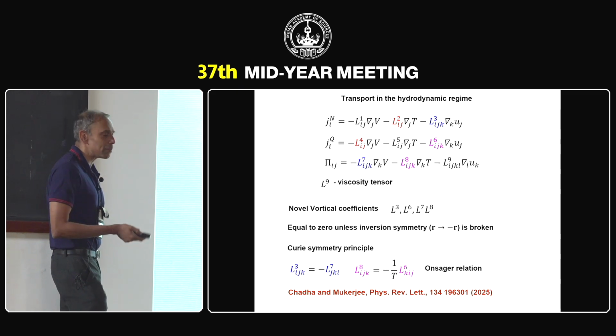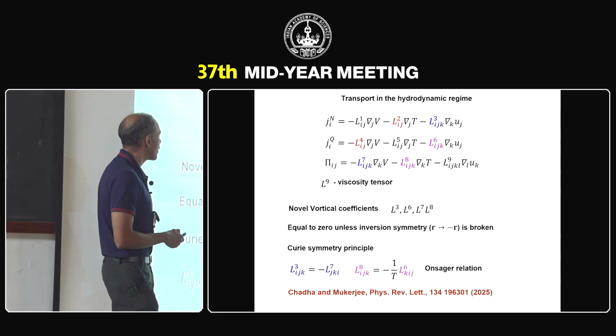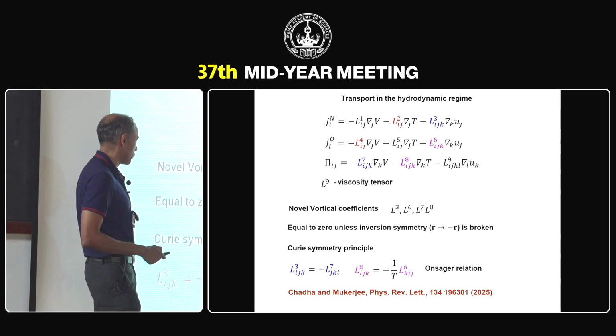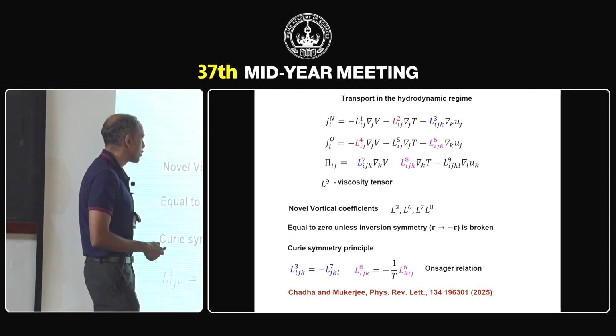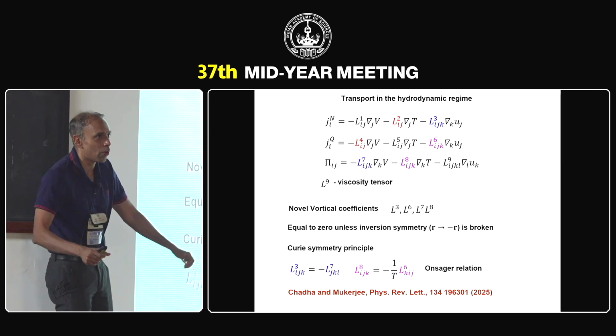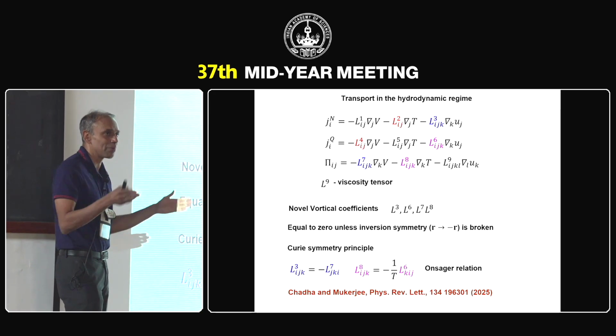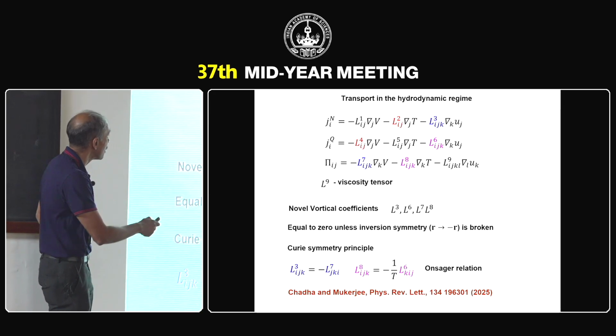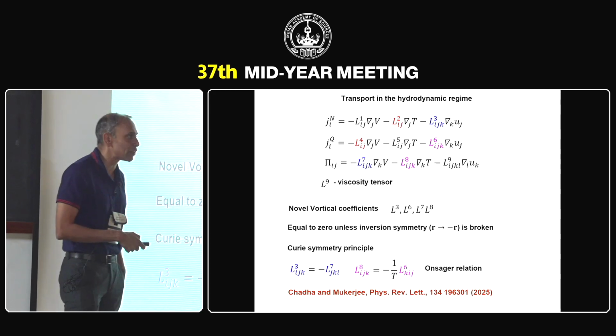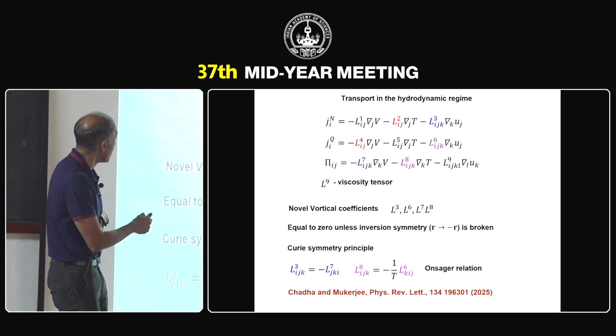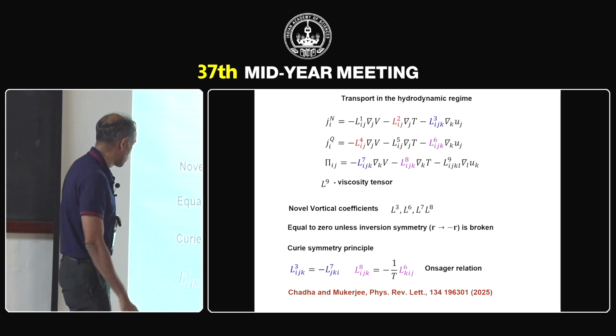And the reason that they haven't been investigated before is that you actually need to break inversion symmetry. You need to have a situation in which when you invert coordinates about the origin, the system is actually different in a certain sense for these to be non-zero, and that is difficult to achieve in a conventional fluid. And so no one really talks about these coefficients.